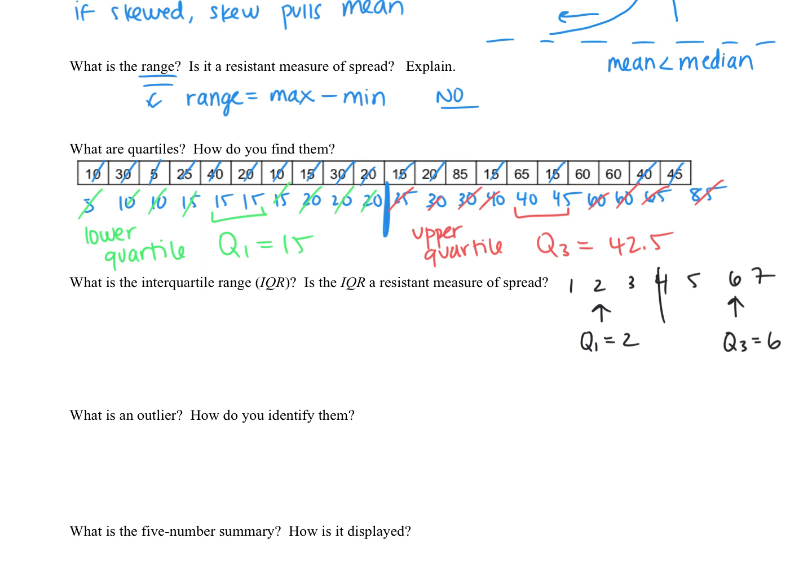a hat. Okay, so the logical question is, why do I care what the quartiles are? It's because they are related to the interquartile range, IQR. The way to find the IQR is you subtract those two numbers. So if we take 42.5 and subtract 15, I think we get 27.5.